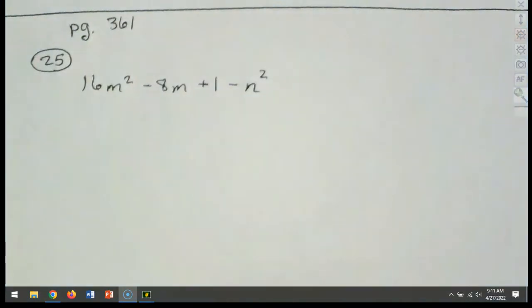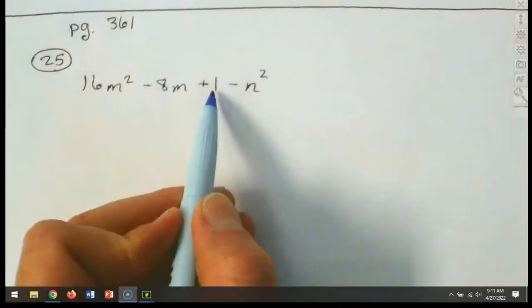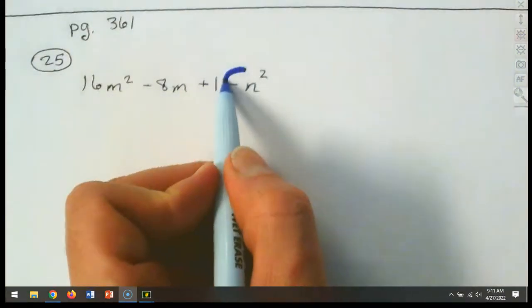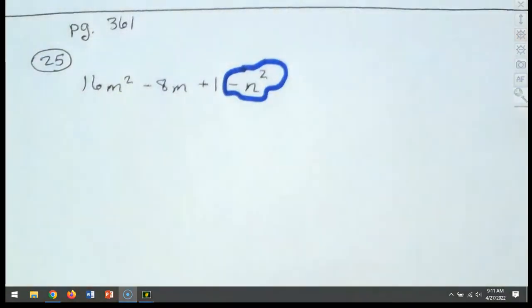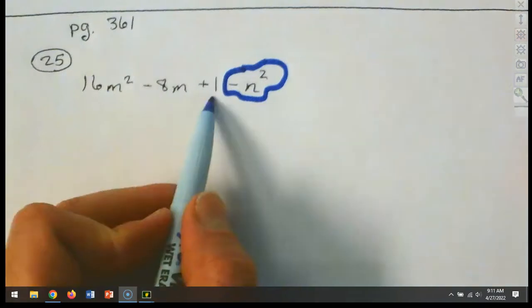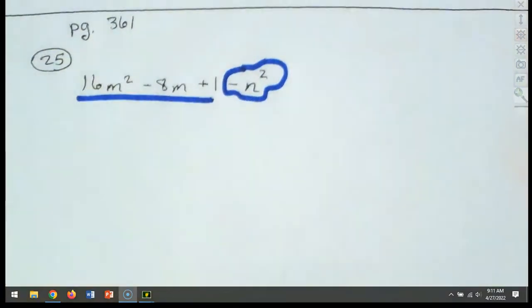Nothing's in common. Now, I have something that is completely different. One part is completely different from all the others. These all have m's and that number 1. This n squared is by itself. Okay, it's the only n there. So let's try and factor the first 3 pieces together.